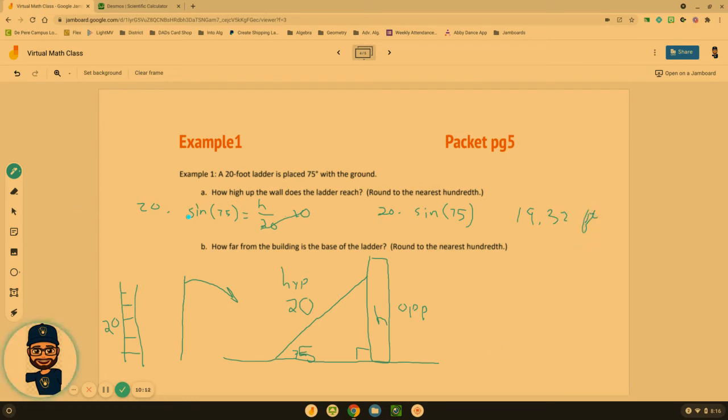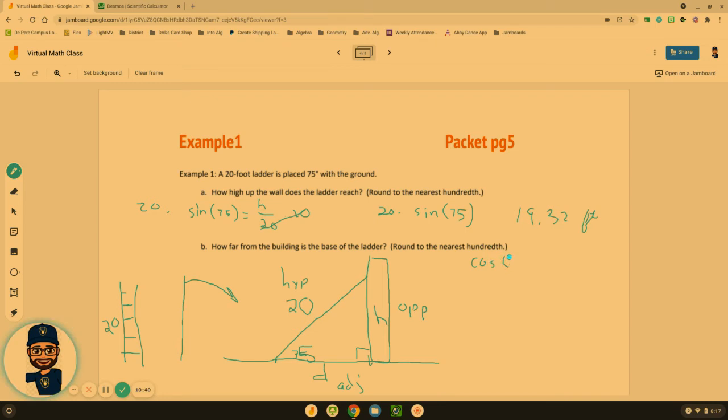Okay. The other one is how far from the base. How far is it from the base of the ladder to the wall? Well, what side is the distance down here? That's the adjacent. So what trig function uses the adjacent side that we're looking for and the hypotenuse, which is the one we've got a number for? That is cosine.